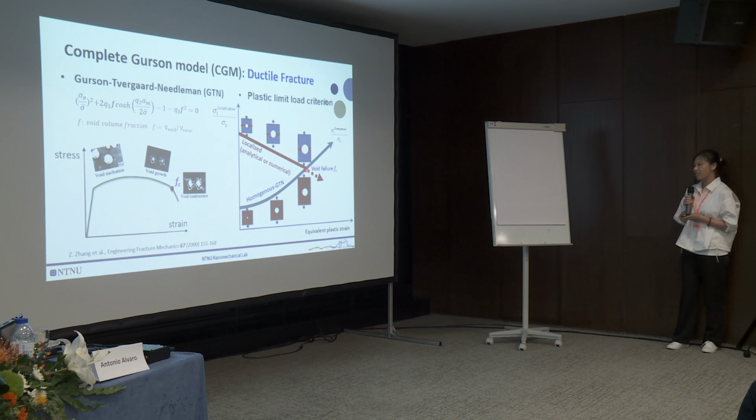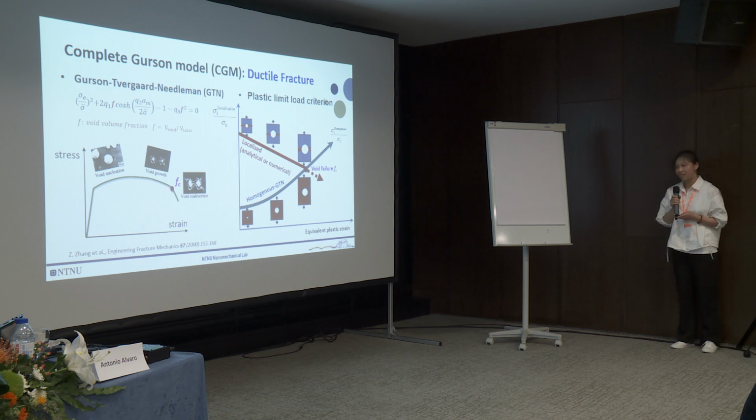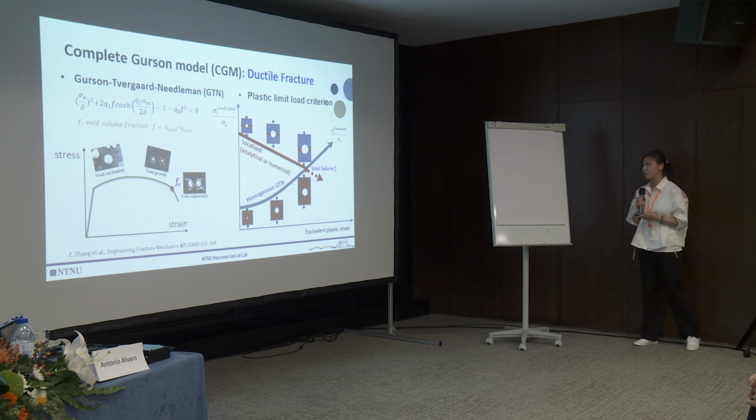After this intersecting point, void coalescence is favorable. So this intersecting point indicates the beginning of void coalescence, the beginning of the failure. And the f value at this intersecting point is exactly the fc value we talked about here.